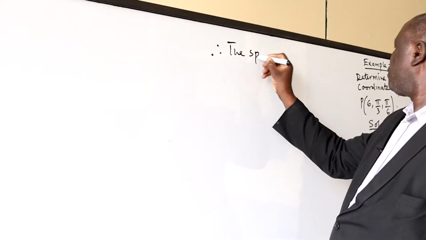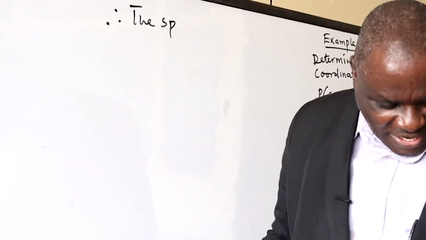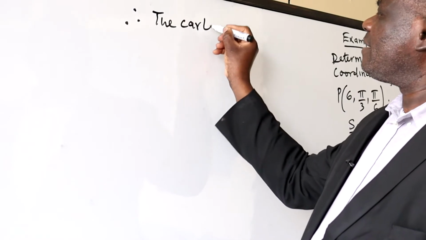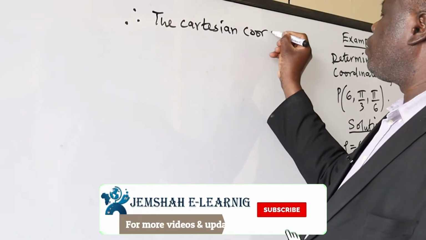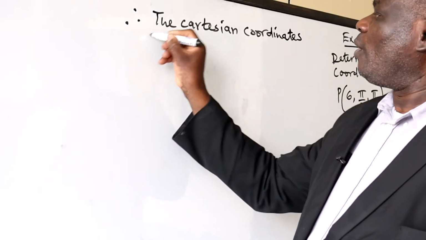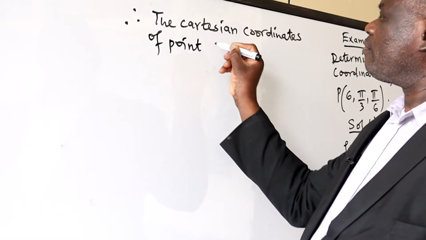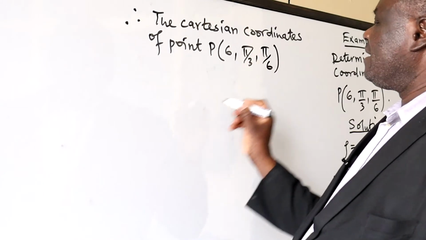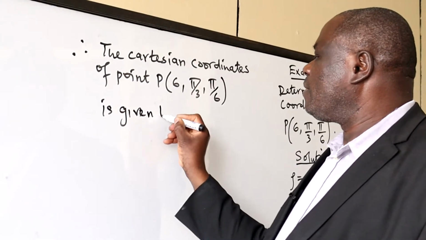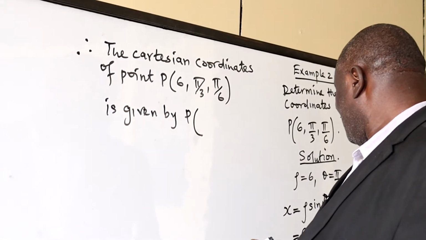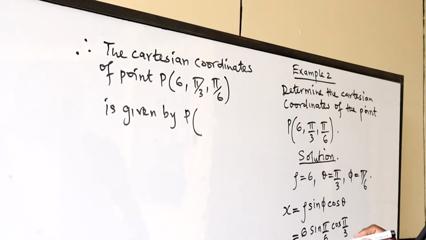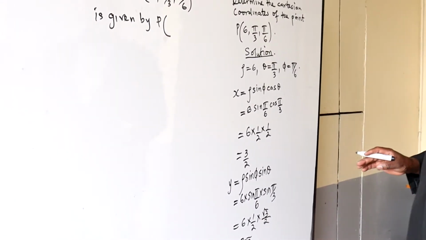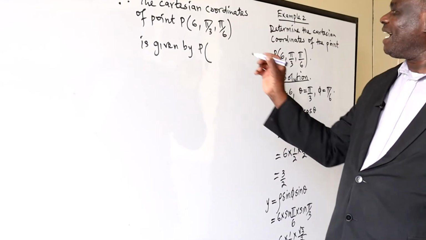Therefore, the Cartesian coordinates of point P, which is 6, pi all over 3, pi all over 6, is given by P into... we have not calculated z, but we can input it here.